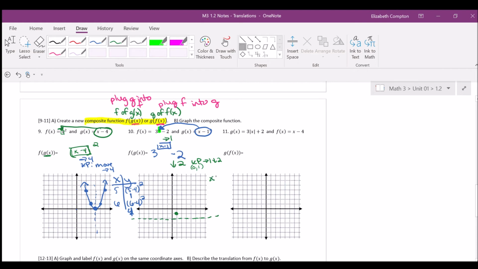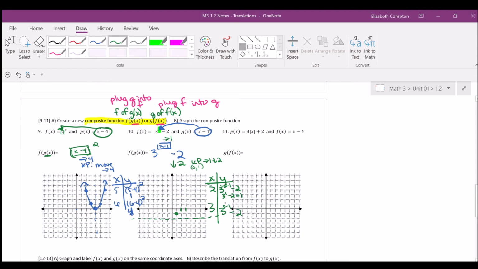and we make a table. I'm going to plug in 1 to the right and another 1 to the right, so that's 2 and 3. So I have 3 to the 2 minus 1 minus 2. So 3 to the first power minus 2, that's 1. Then I'm going to plug in 3.